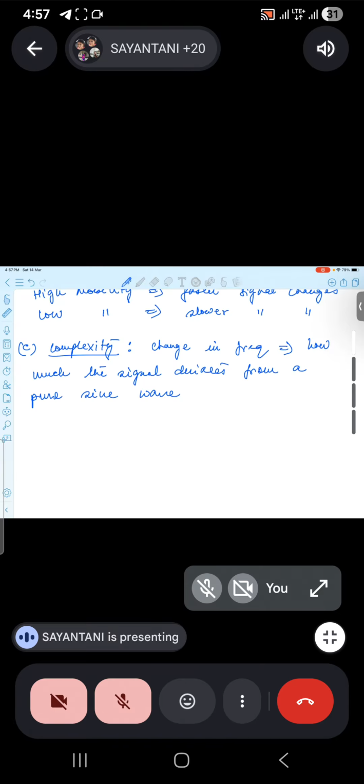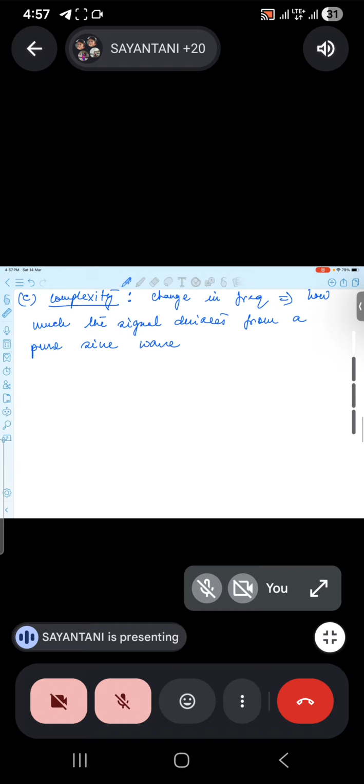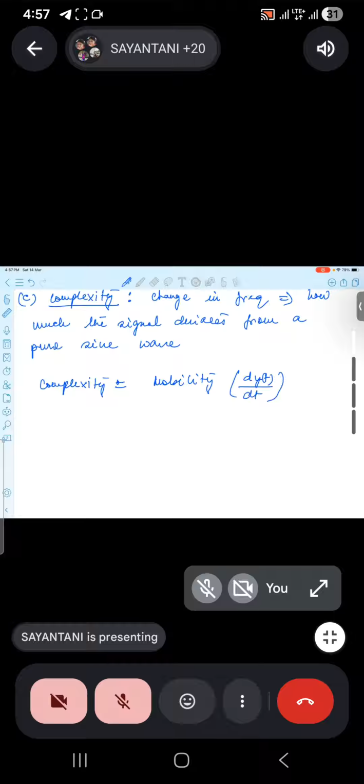That is the main objective. So what is the definition of complexity? Mobility of the derivative signal divided by mobility of the main signal.